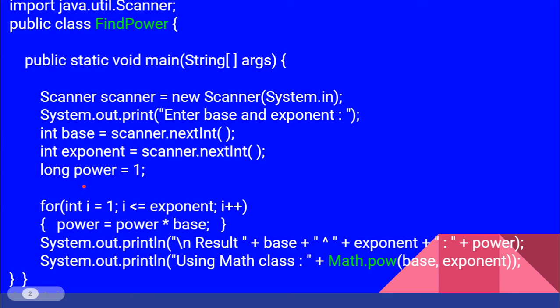We are assigning the output value as 1 because we are going to multiply the value again and again using the for loop, and this is the simple step to find out the exponent value. And once you get the value, these two lines print the answer. The first line prints the answer obtained from the program, and the second line prints the answer using the Math class. So that's all.